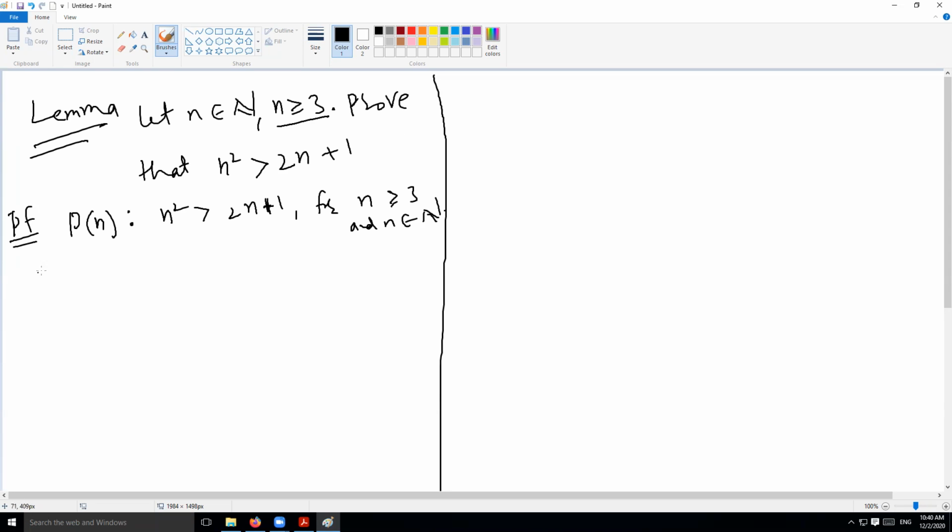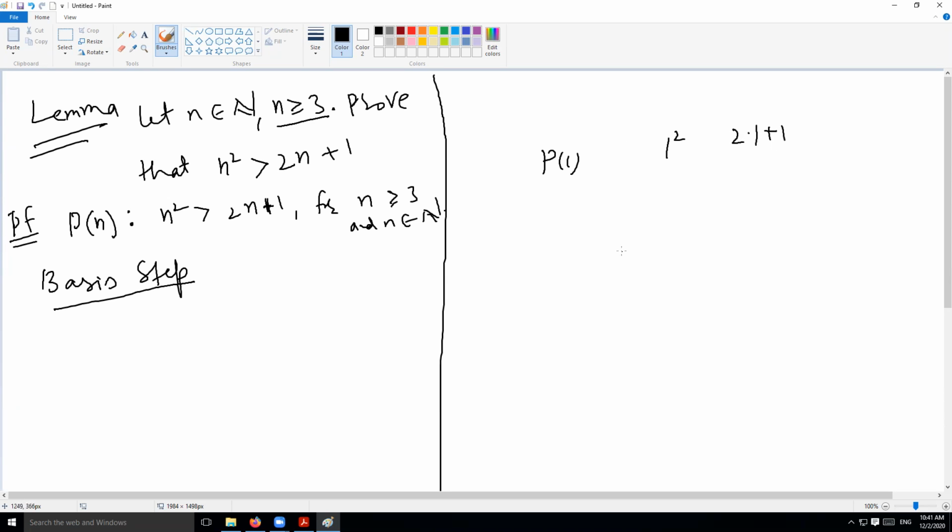So let's take the basis step. What should we do in the basis step? You have to think carefully about it. If you try to prove it for P of 1, this must be false. Why? Because on one side you have 1 square and on the other side you have 2 times 1 plus 1.